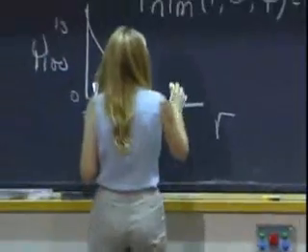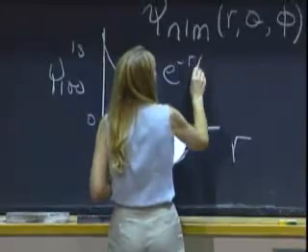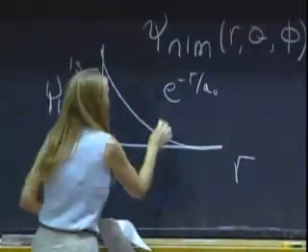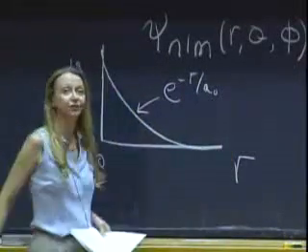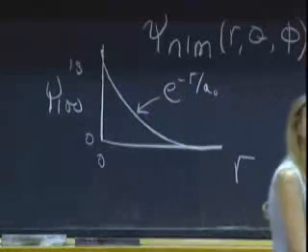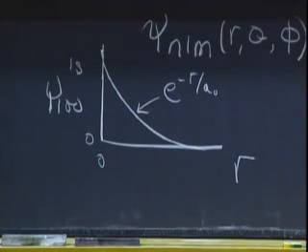It's an exponential decay, and that's what gives you this exponential drop in the wave function. What this says is that the wave function at all values of r has a positive value.